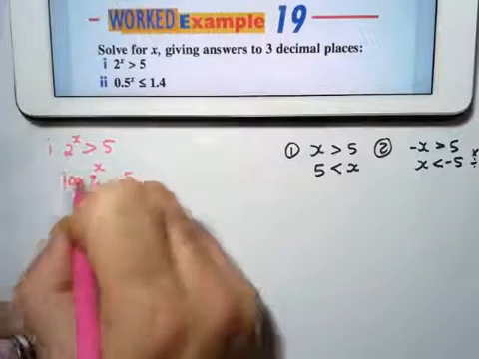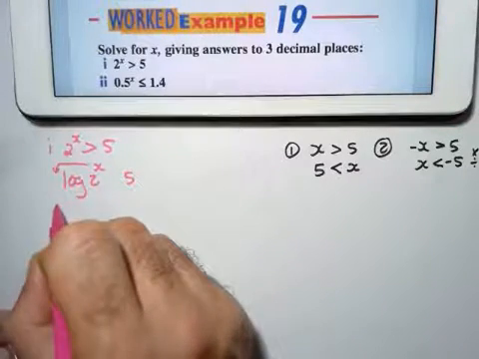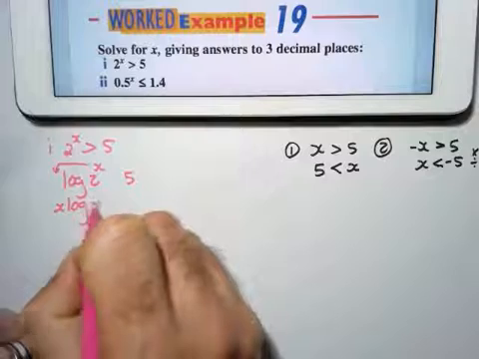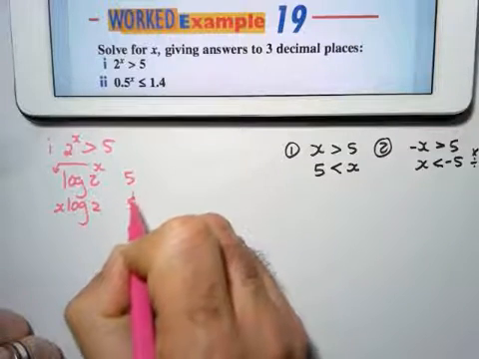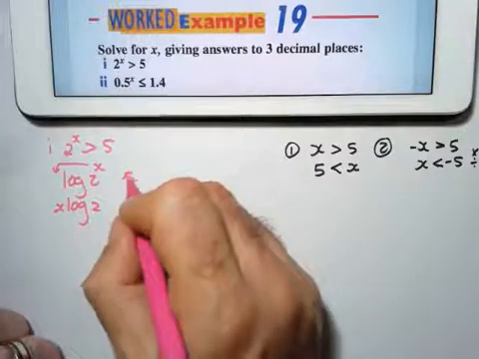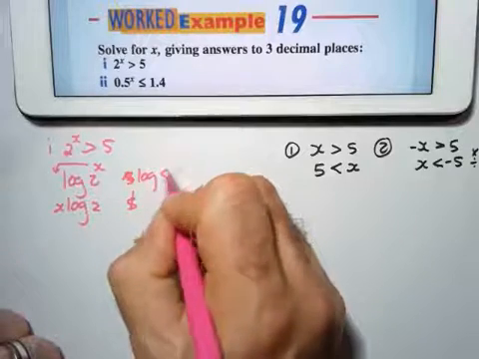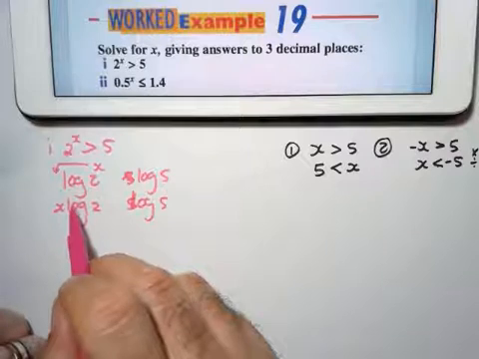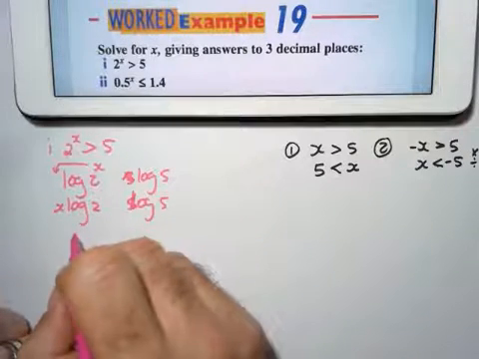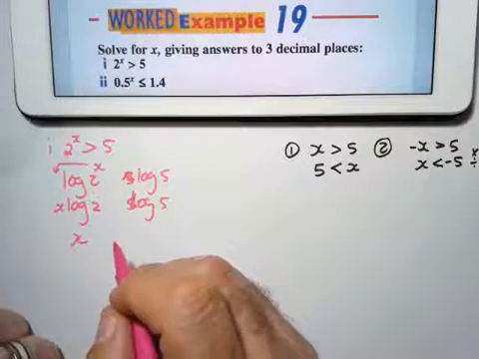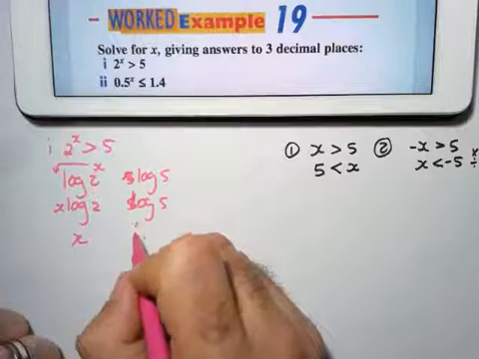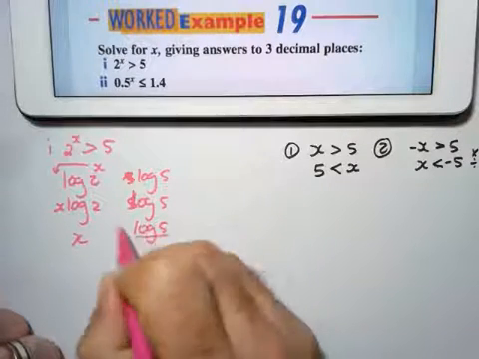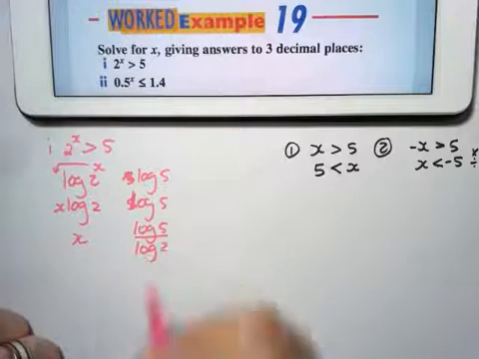The x goes to the front, so it becomes x log 2, and log 5 on the other side. Then I divide by log 2 on both sides, so x equals log 5 divided by log 2.